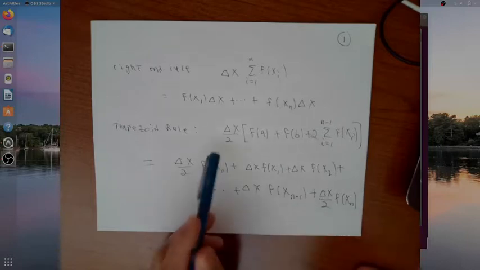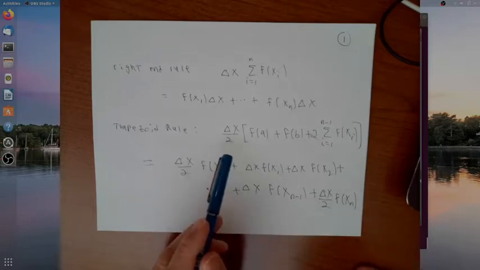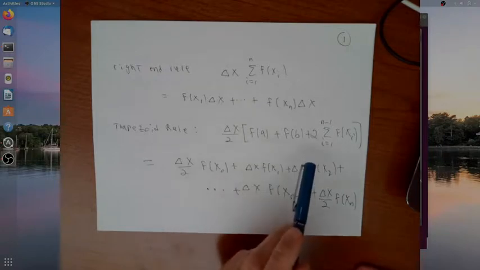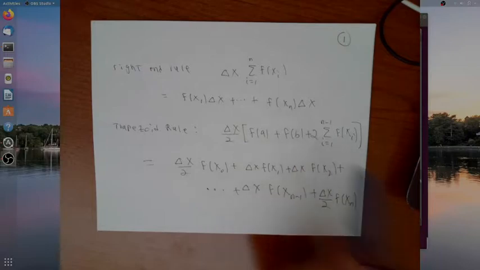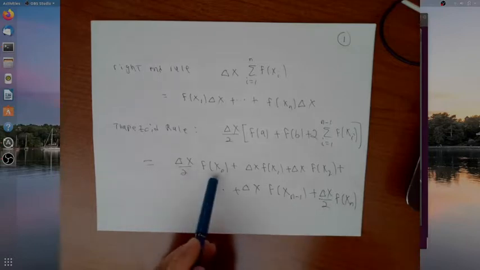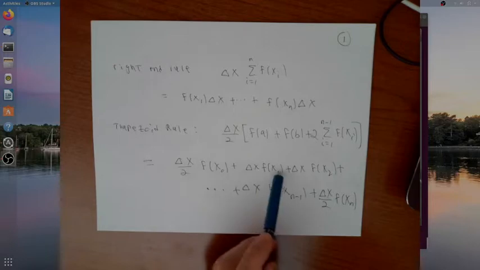Likewise, the trapezoid rule, which ended up being delta x over 2 times the function value at one end plus the function value at the other end times twice the sum of the intermediate function values, could be written as a number times a function value plus a number times a function value, and so on and so forth.